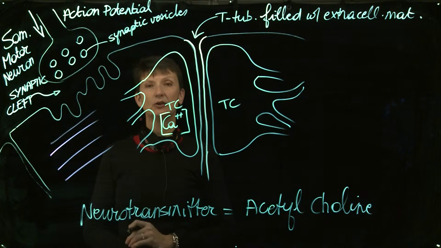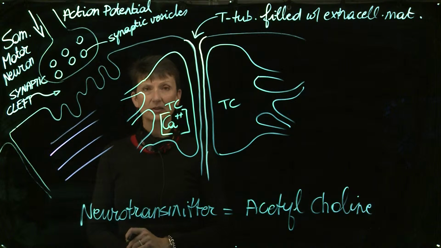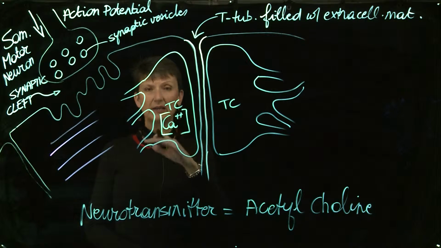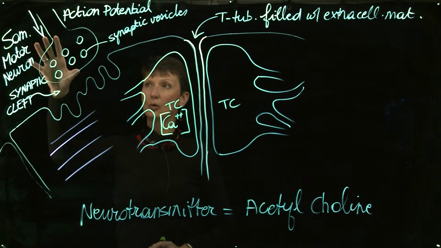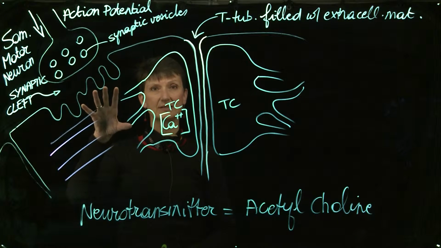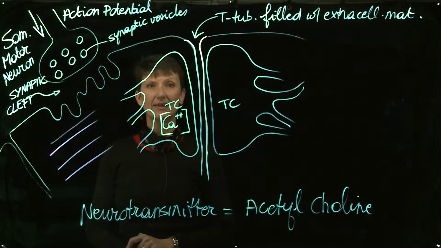Every cell in your body is characterized by this gradient of electrical charges across the cell membrane, which we call the resting membrane potential. And only in neurons and in muscle cells can that resting membrane potential be disturbed. And when it's disturbed, it results from the opening of various ion channels.